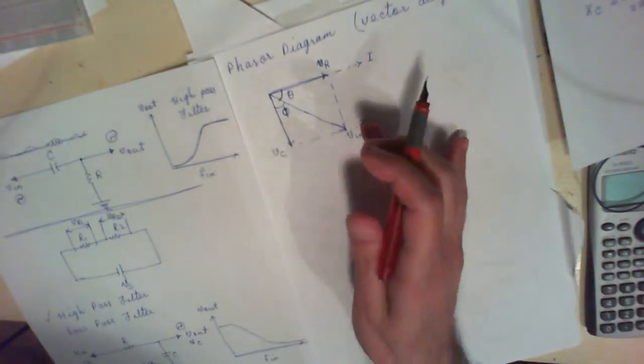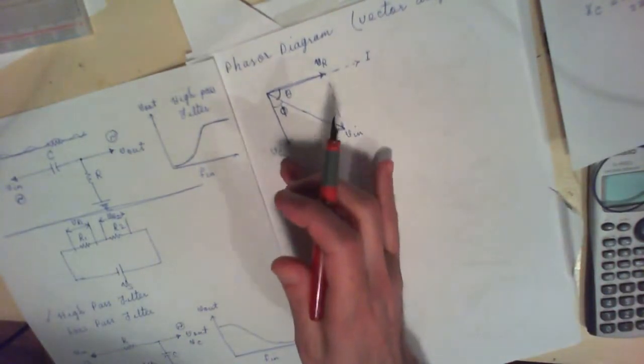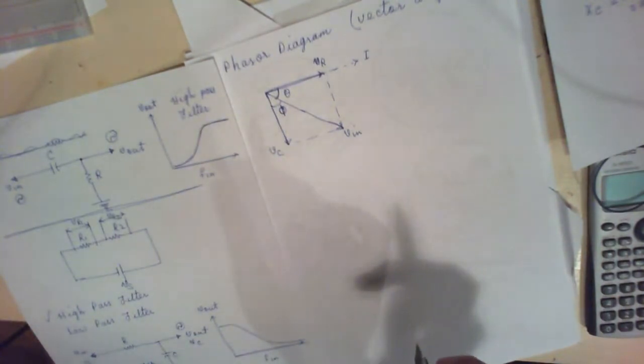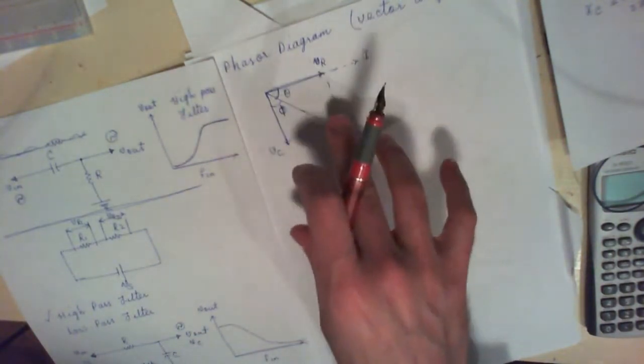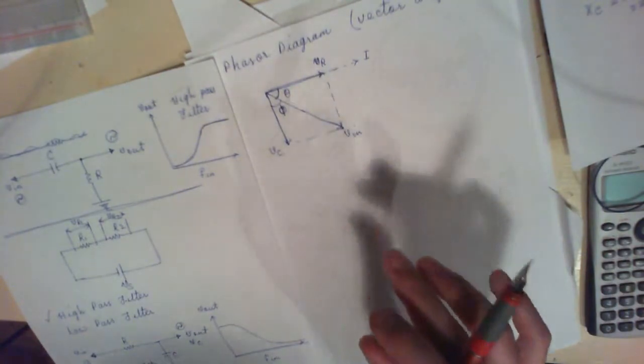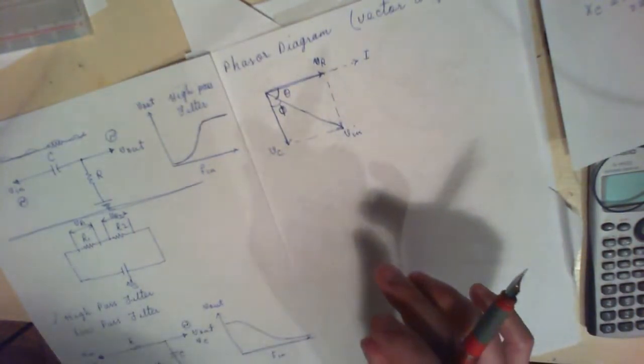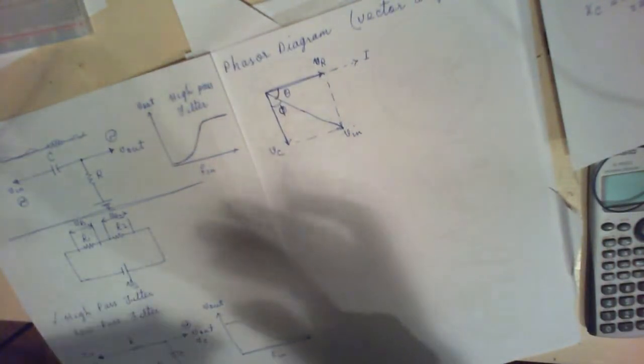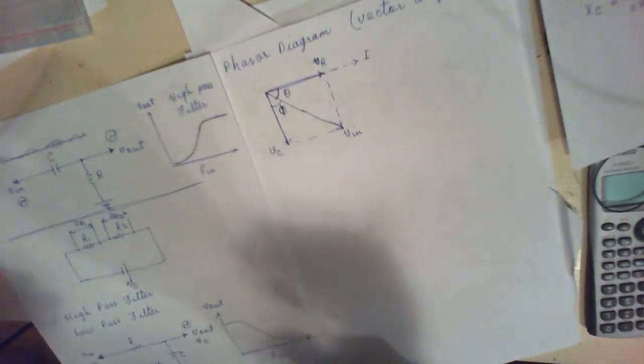Compared to V of N, V of C would be lagging, right? Okay, so if you didn't understand this part, I'm going to show you on the oscilloscope what that actually means in terms of two signals being compared on an oscilloscope.